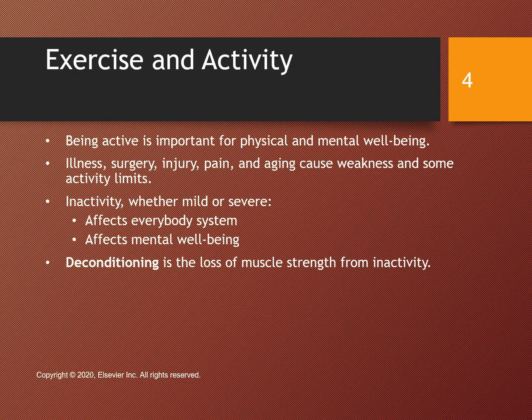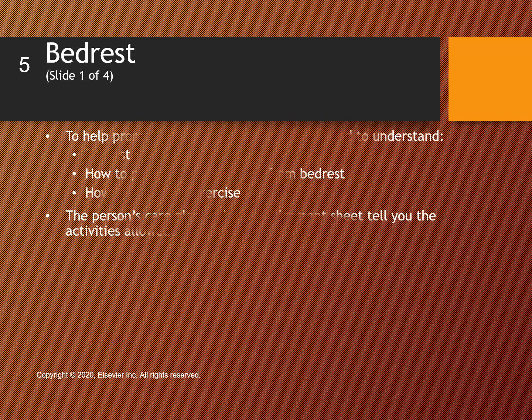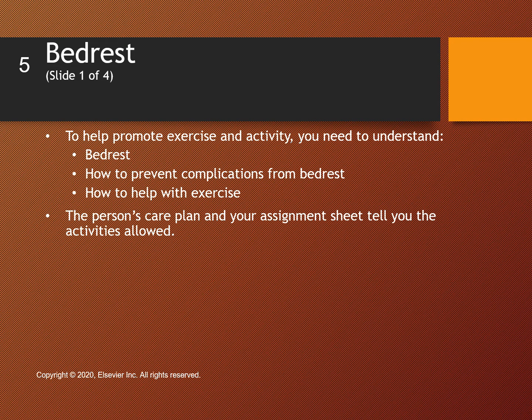Nurses use the nursing process to promote exercise and activity in all persons to the extent possible. The care plan and your assignment sheet include the person's activity level and needed exercise. To help promote exercise and activity, you need to understand bed rest, how to prevent complications from bed rest, how to help with exercise.